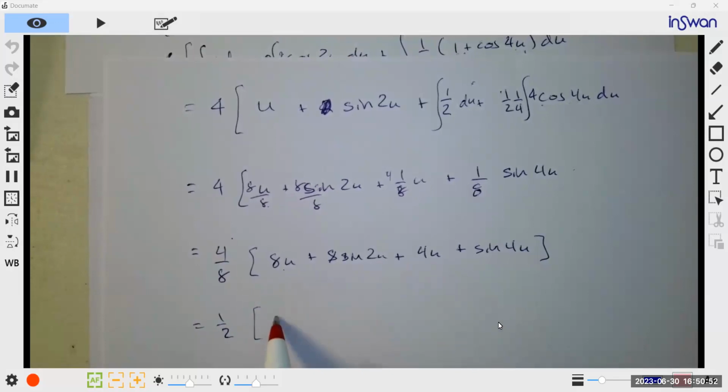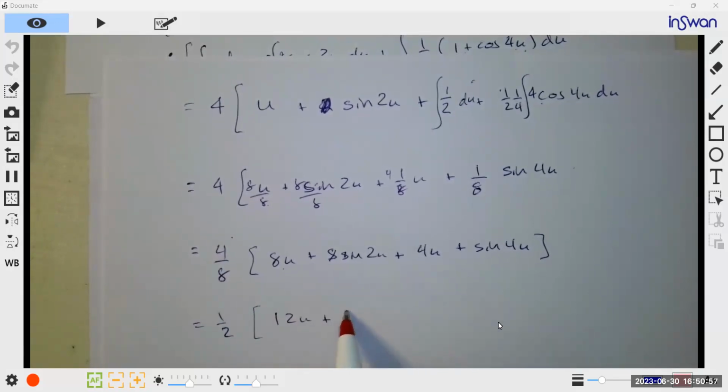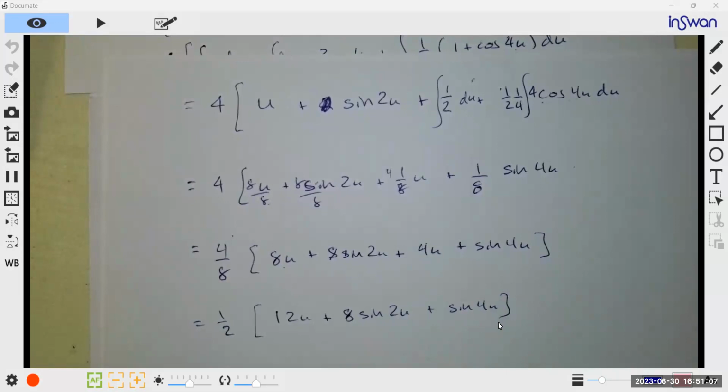Eight plus 4 is 12u, plus 8 sine 2u plus sine 4u.